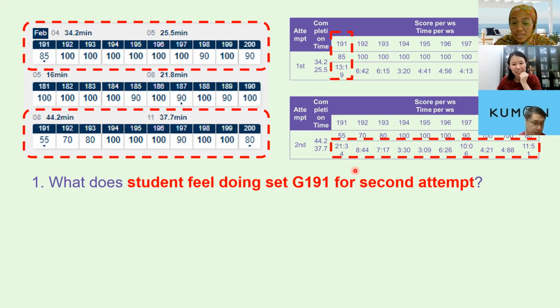That's why I wanted to discuss specifically G191, because this is the last set, so it will help us understand throughout level G how students' skills are at the end. But before we go to the skill, I want you to try to understand how students feel doing the second attempt when the time is not improving as it did the first time.